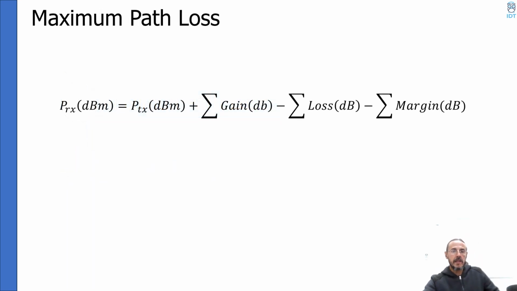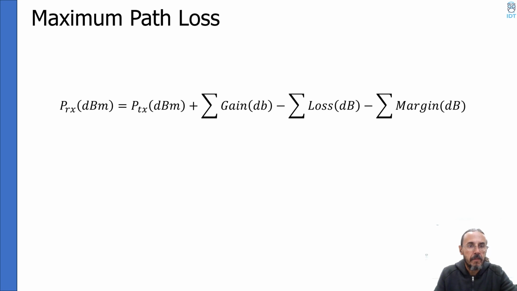Well, for the maximum path loss, we will have to use this equation that shows us what is the received power that we must have, given a certain number of parameters that we will use on our system.